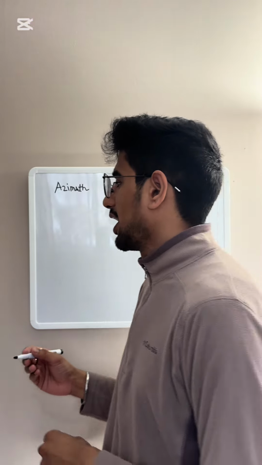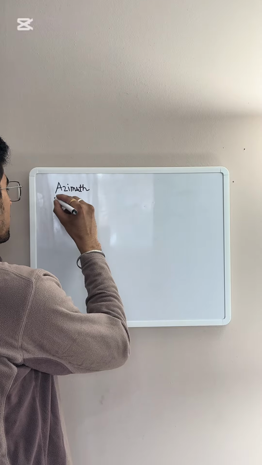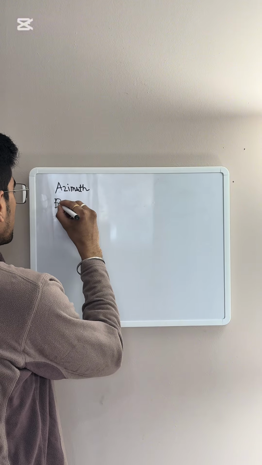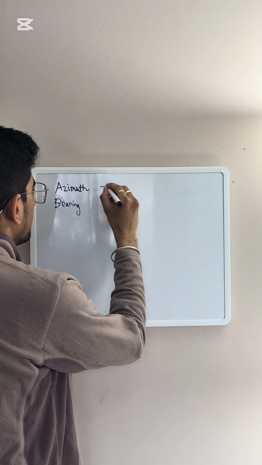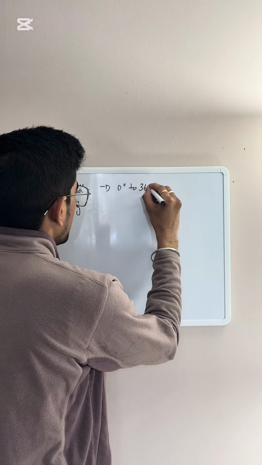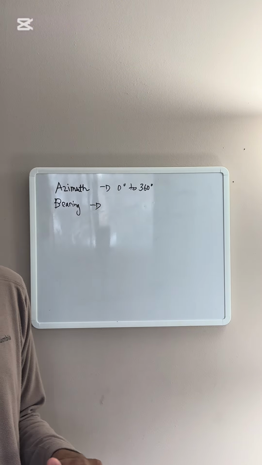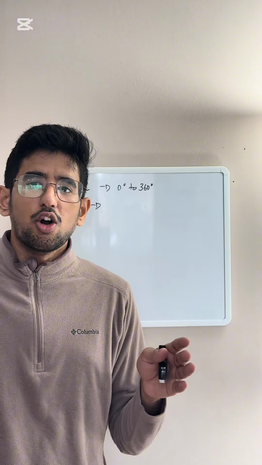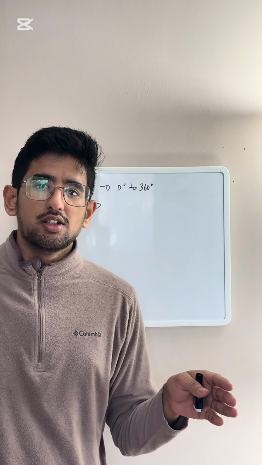The other direction in surveying is bearing. So I will just write it down. Bearing. Azimuth is always 0 to 360 degrees, and bearings are always referenced from either north or south first, and then they are referenced either east or west.